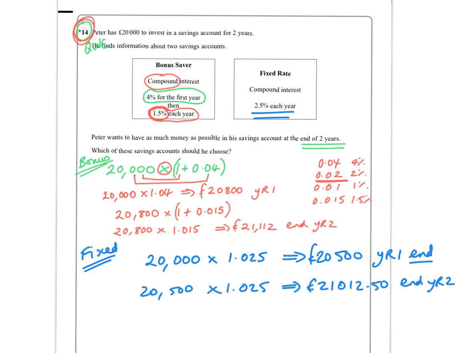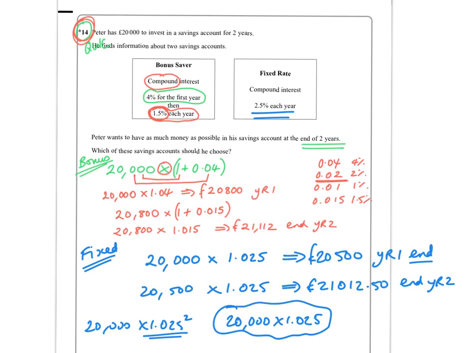Now there was a quicker way of doing this second one. You could have just done 20,000 times 1.025 squared. Why? Because you've got 20,000 times 1.025, which is what you've got over the first year, and then you're timesing that by 1.025 again. So notice that's 1.025 squared.